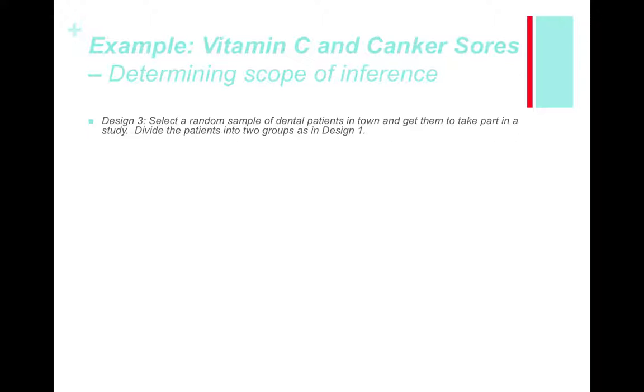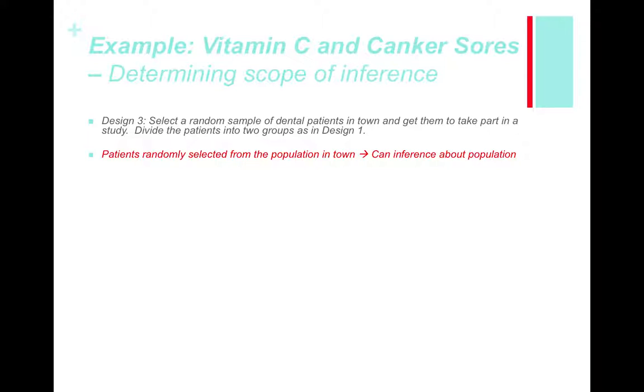Design 3. Select a random sample of dental patients in town and get them to take part in a study. Divide the patients into two groups as in design 1. This time, because the patients were randomly selected from a population of dental patients in town, the dentist can generalize the results of this study to the population.